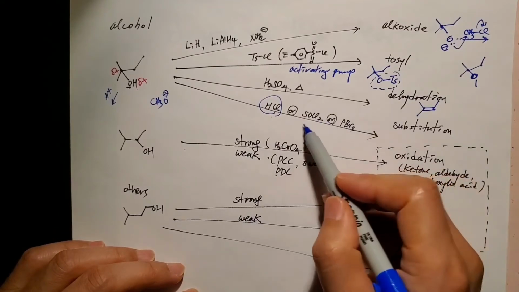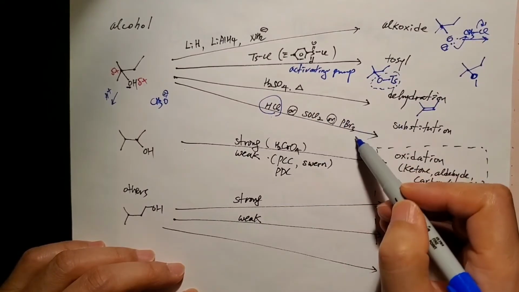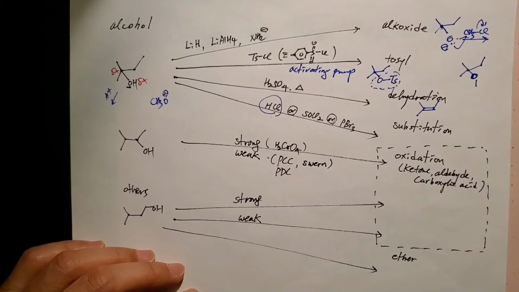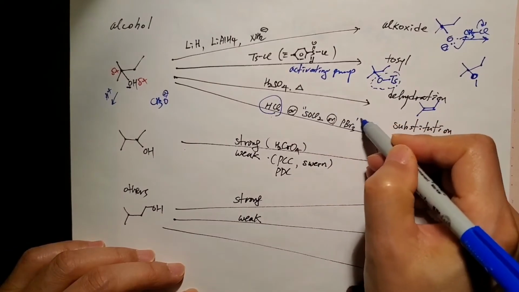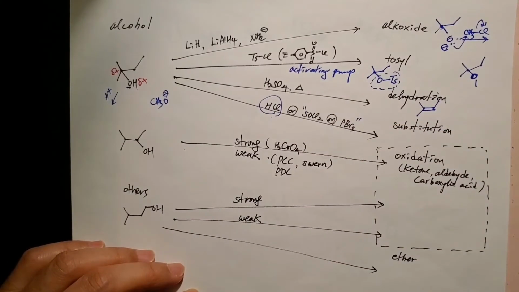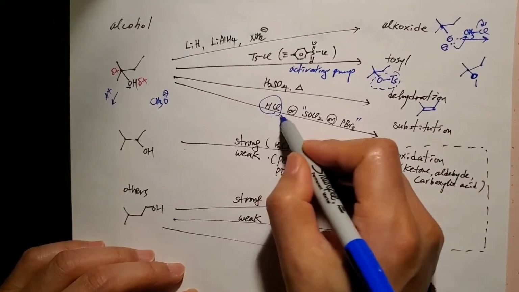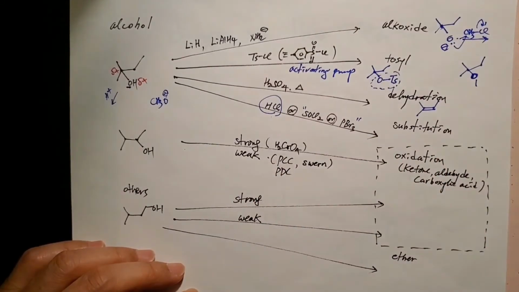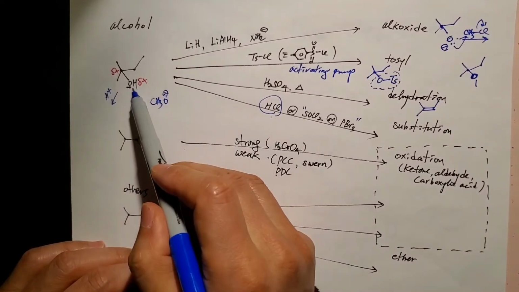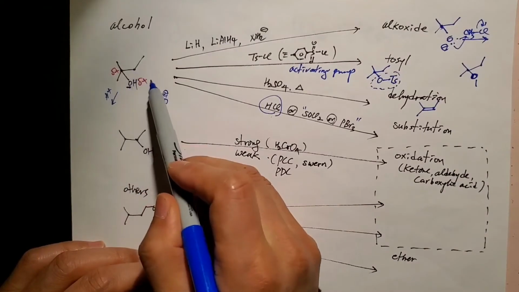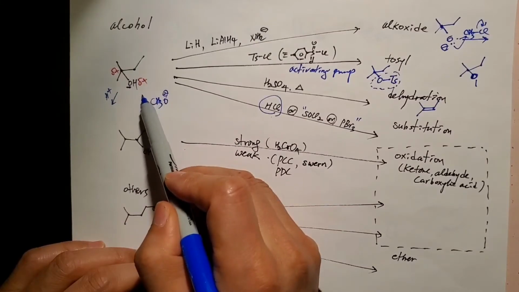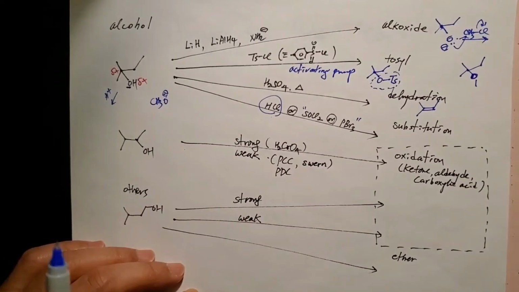Then you have SOCl2 and PBr3. So let me show you the mechanism for replacing OH. The benefit of these is generally you don't have rearrangement, while the HCl condition could give you rearrangement in the case where the OH is found on the secondary. Then when you lose the leaving group, you can form a carbocation.